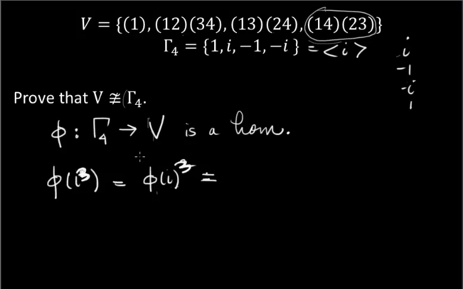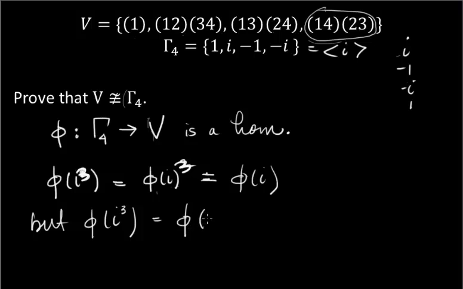So phi of i cubed is phi of i, cubed, by the theorem that we just proved, which is the same thing as phi of i. It's an element of V. But phi of i cubed is equal to phi of minus i, because i cubed is minus i. So, therefore, phi of i cannot be equal to phi of minus i if it's one-to-one.